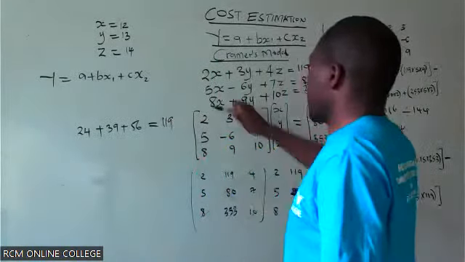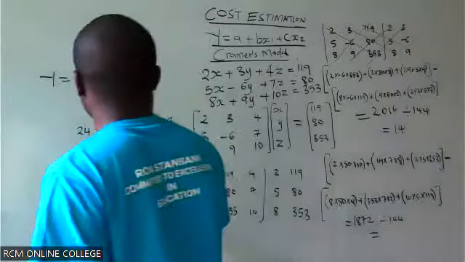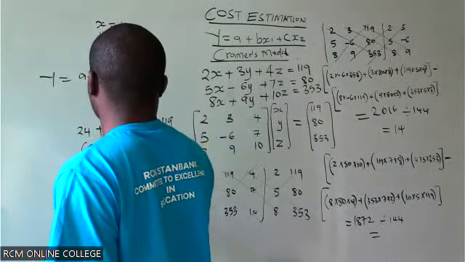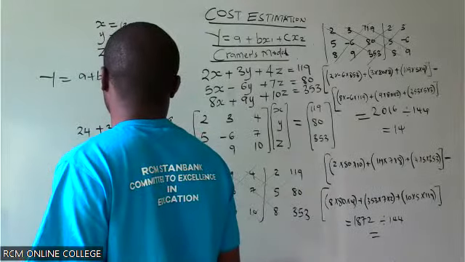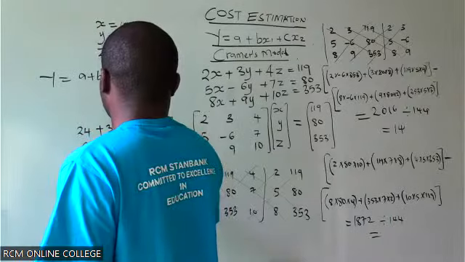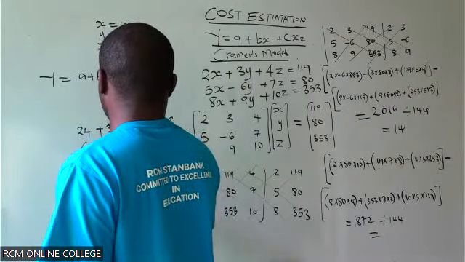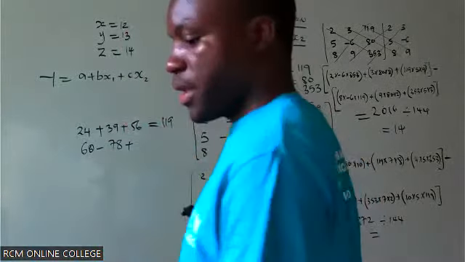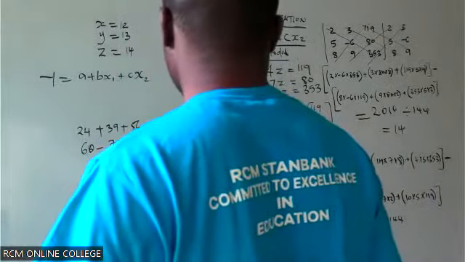119. Try doing this, the second one. 5 by x, that is 60, minus 6y. Is it 78?